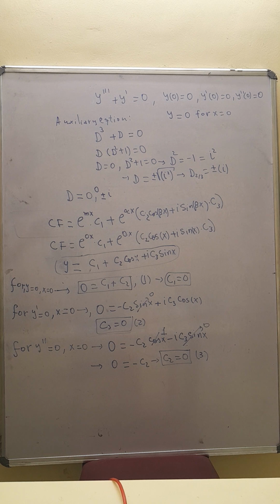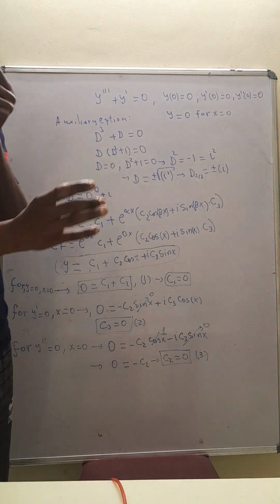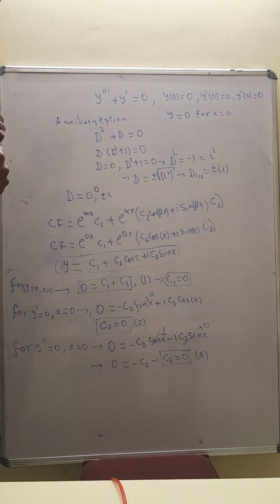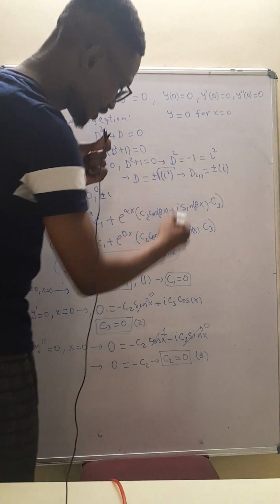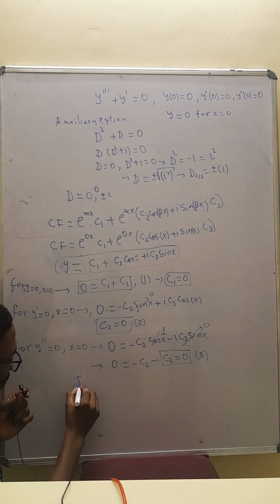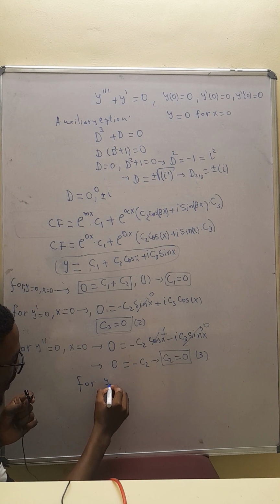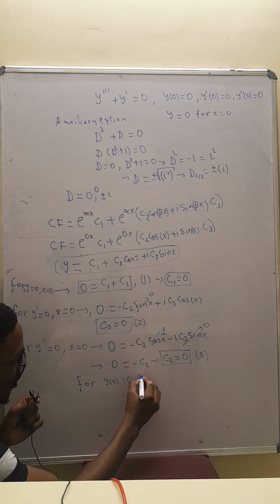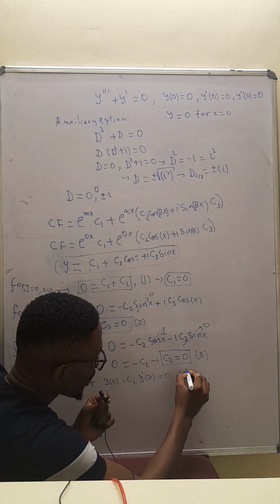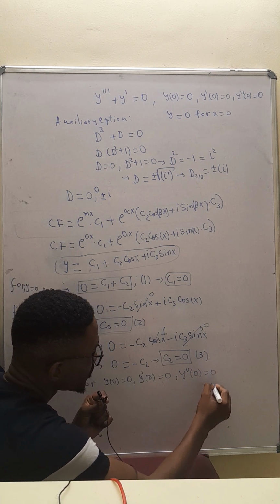Now that you find C1, C2, C3, you will find that when we do this, it is to find the particular solution of this differential equation. So for this particular solution, y 0 equal to 0, y dash 0 equal to 0, and y double dash 0 equal to 0.